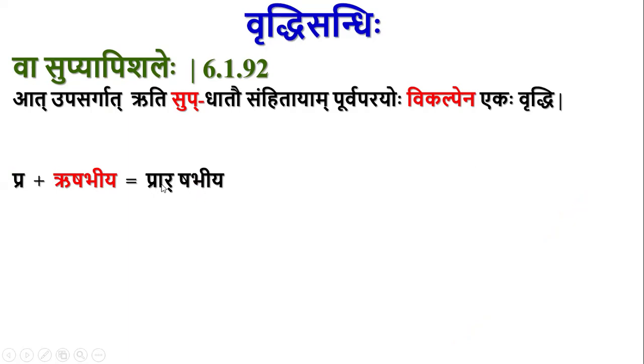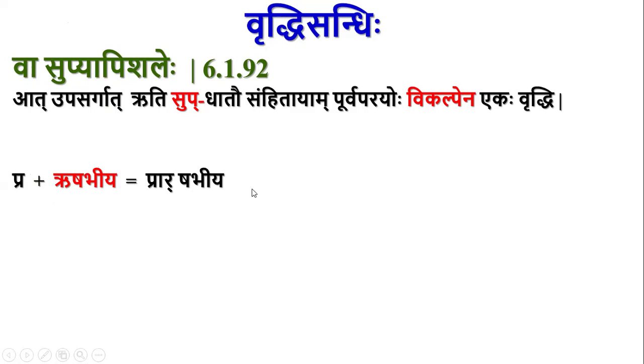So there can be prar ruddhi adesha. Optionally means if the previous sutra is not applied compulsorily, then the other possible condition is pra plus ru for that adgunaha.